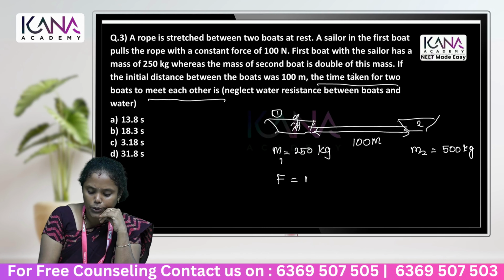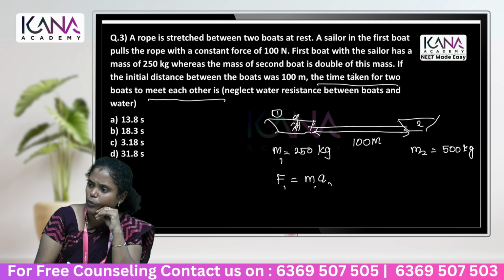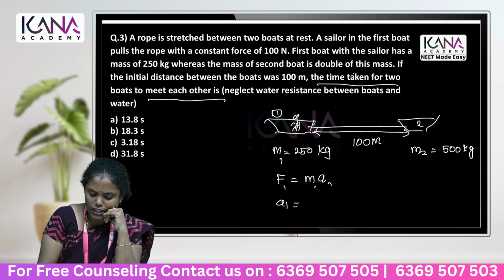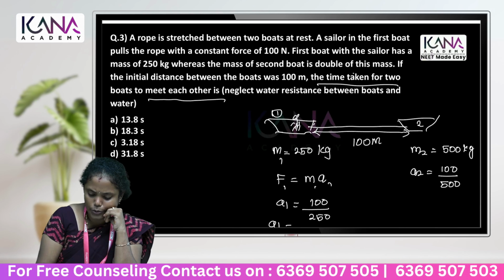F equals MA. So F1, M1, A1. A1 is 100 by 250. A2 is 100 by 500.